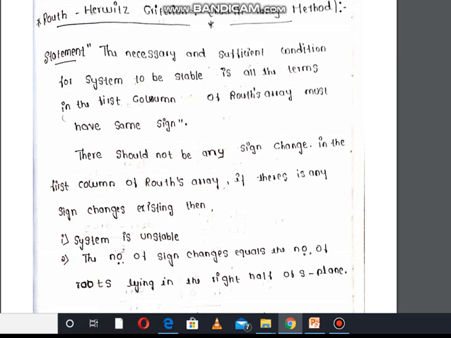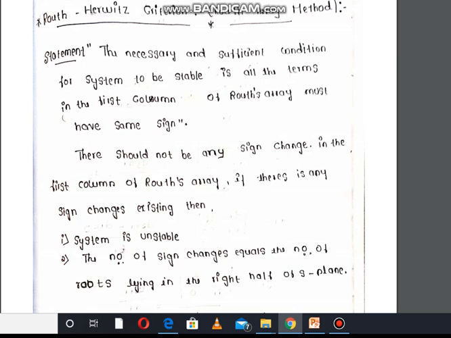If there are any sign changes in the first column, that means there is a root of the characteristic equation which lies on the right half of the S plane, so the system is unstable. There should not be any sign change in the first column of Routh's array.